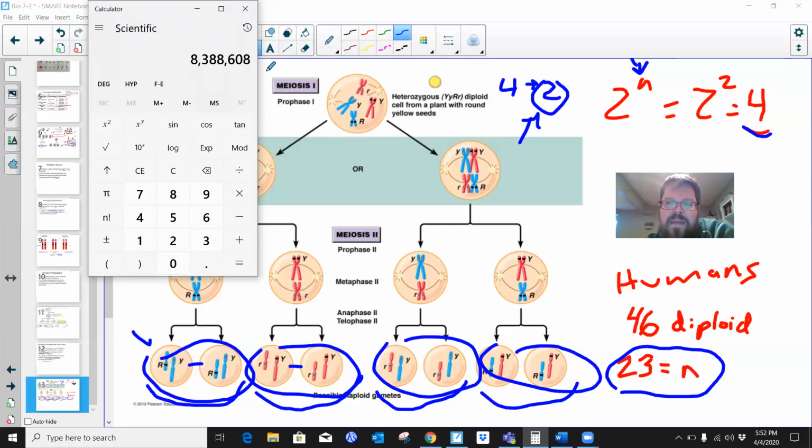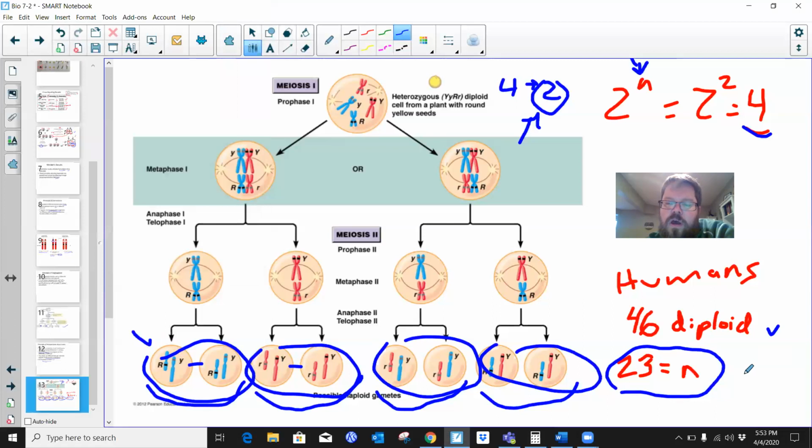But on top of that, the deck gets shuffled by crossing over and recombination. So you can see that when you look at organisms that have many more chromosomes, much more genetic information, the variability and complexity of the resulting number of combinations can be pretty crazy huge.